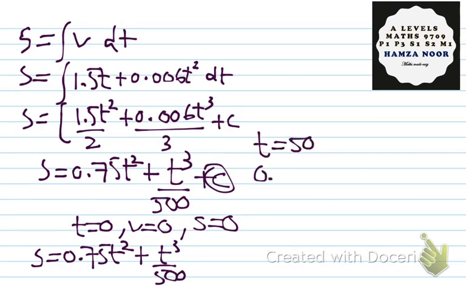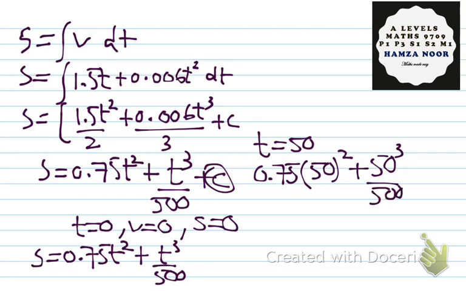So you will get 0.75 multiplied by 50 squared plus 50 cubed divided by 500. This is giving 2125 meters.